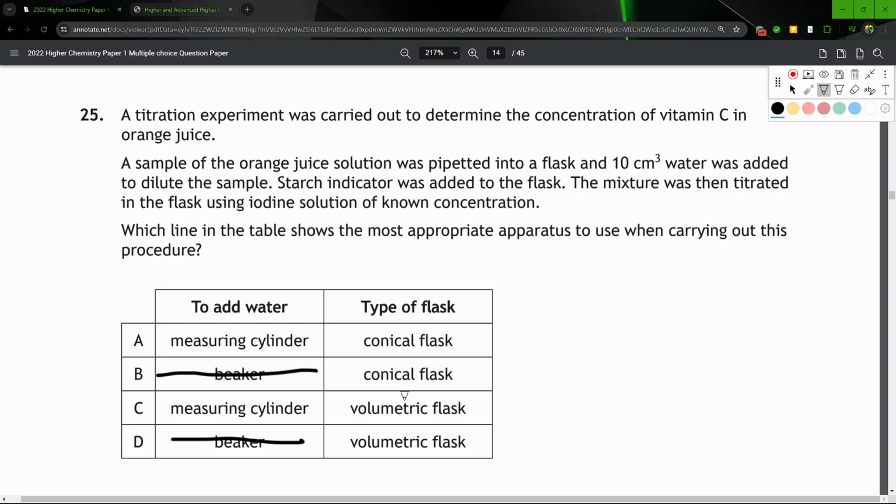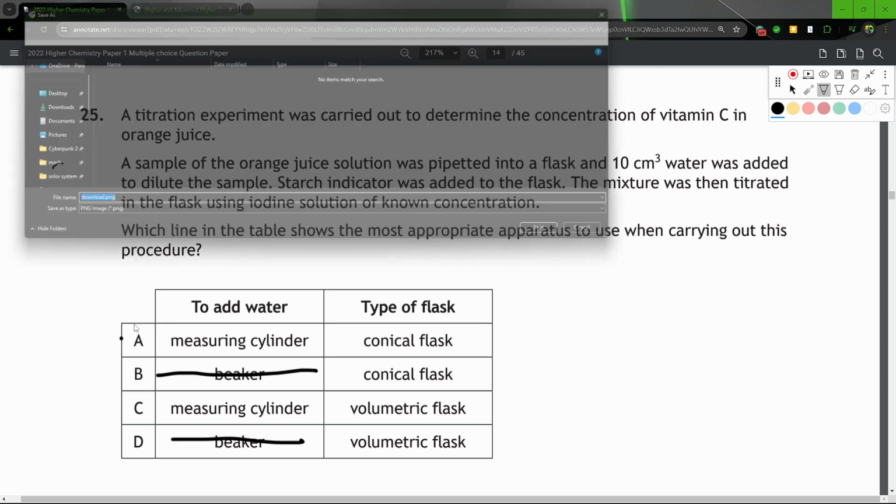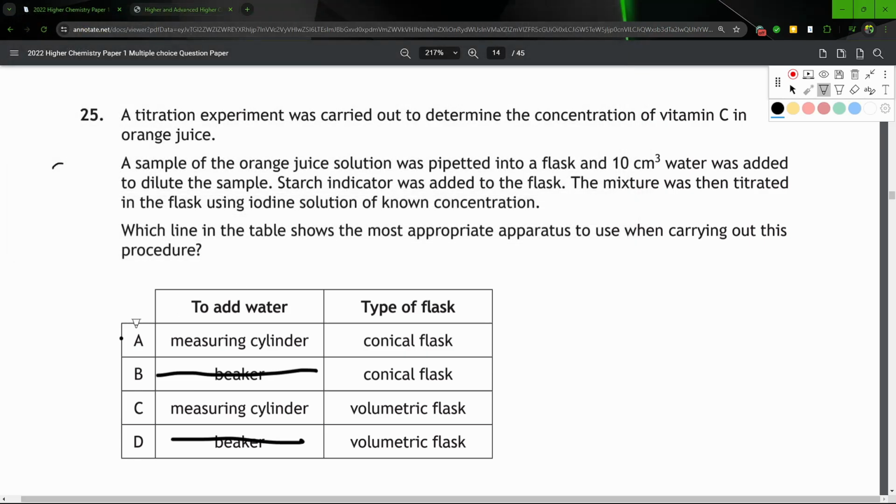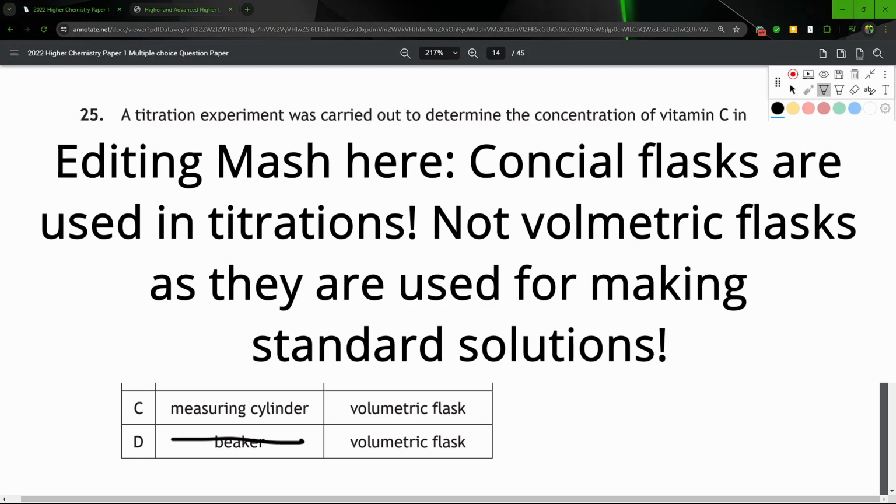There's no real need to use the volumetric flask, so we probably just want to use the conical flask because there are no known measurements here. We just add 10 cubic centimeters of water to the sample. So it would be A, a bit of a weird one here. I don't know what the SQA are thinking, but if it doesn't mention exact measurements, you probably don't need to use a volumetric flask. It would be a bit of a waste.